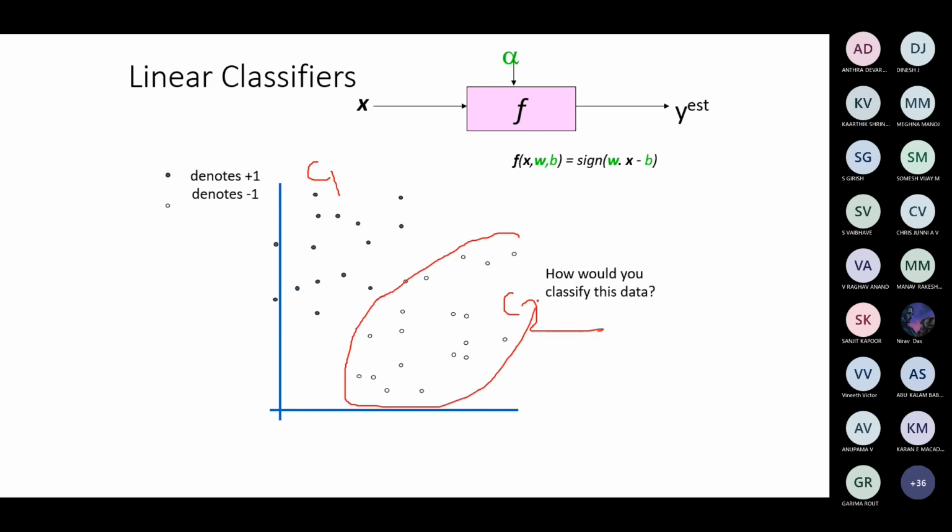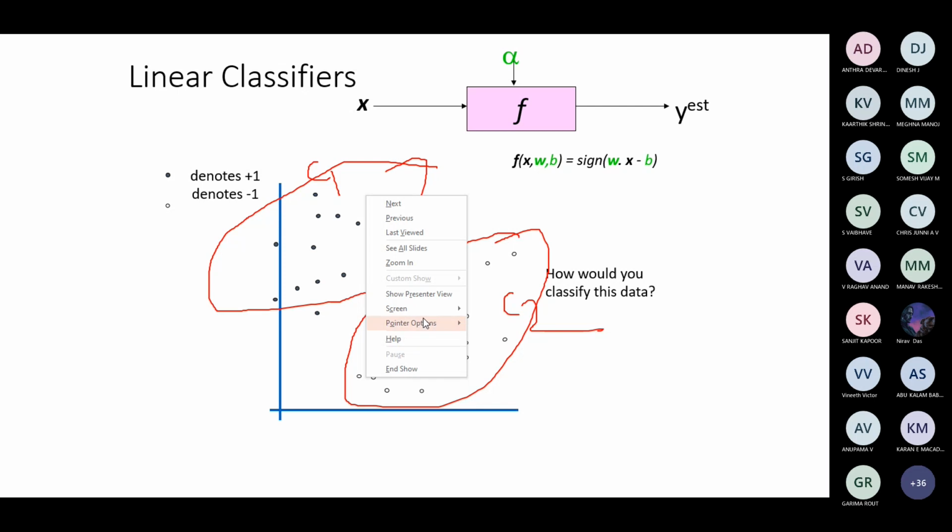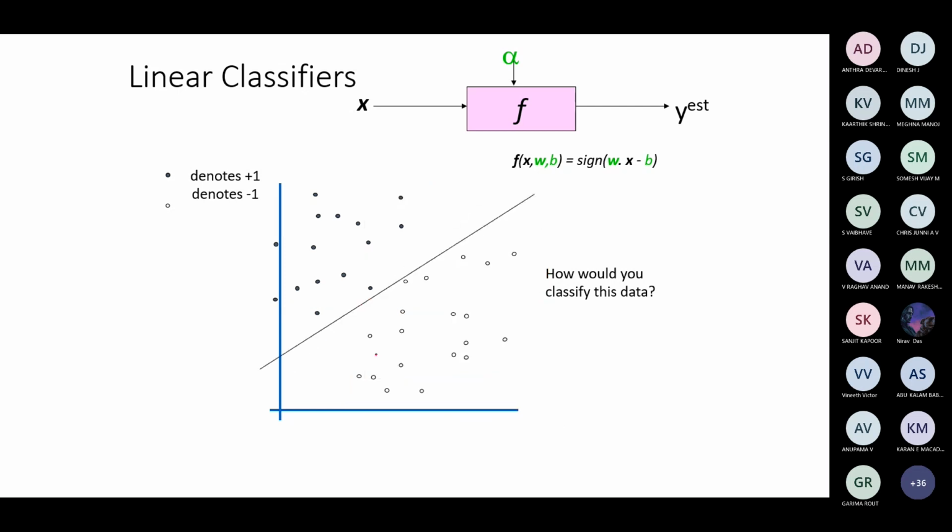Can you see? This is class 1 and this is class 2. If one can draw a line something like this, or I can draw a partition something like this, can you see the difference?